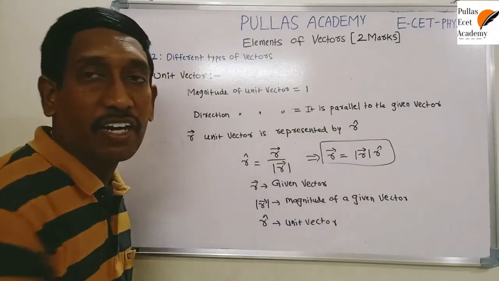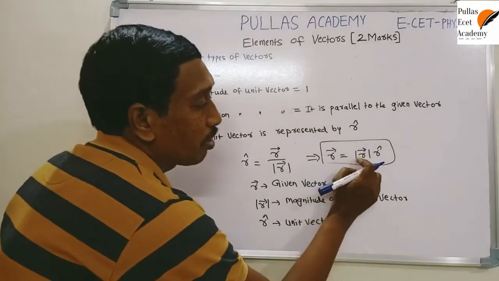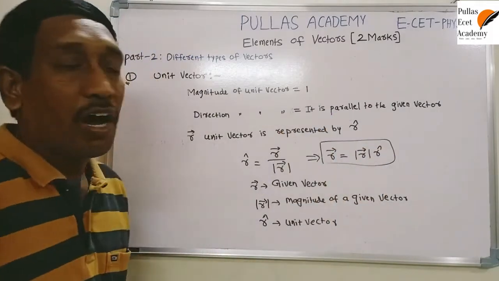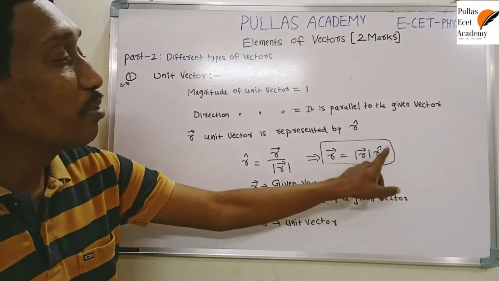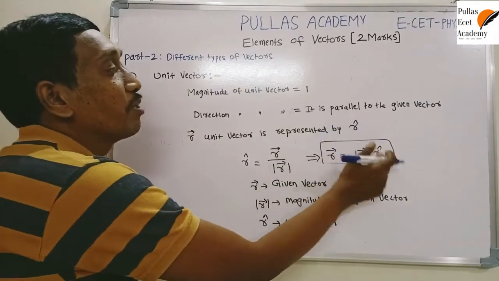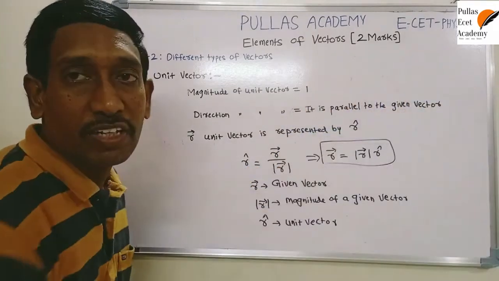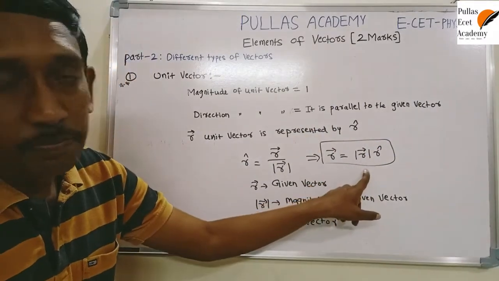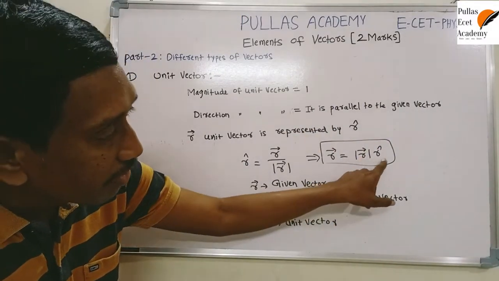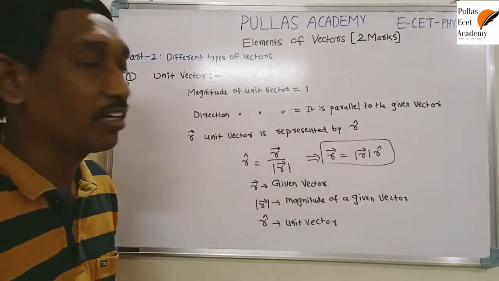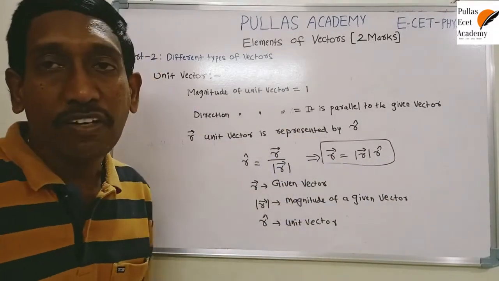Modulus r bar stands for the magnitude of the given vector. r cap, the unit vector, stands for the direction of the given vector, because the unit vector is always parallel to the given vector. That is why a vector is always represented like this: the magnitude of the vector into the unit vector gives the given vector. So this is the vector form.